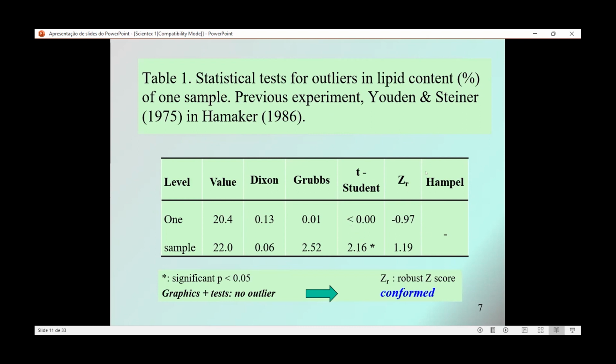Finally, the Hampel test had not indicated any outlier as well. In short, no outlier was found in the plots, tests and robust score. Therefore, these results confirmed those published concerning outliers by the researchers Yalden and Steiner.